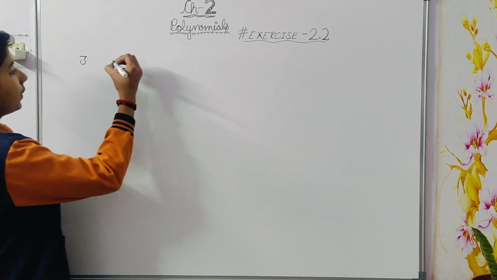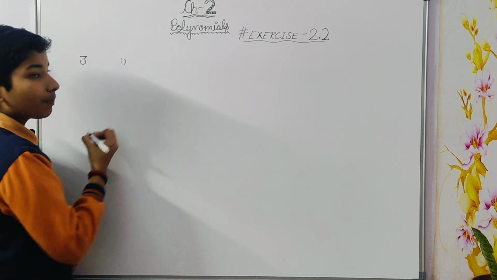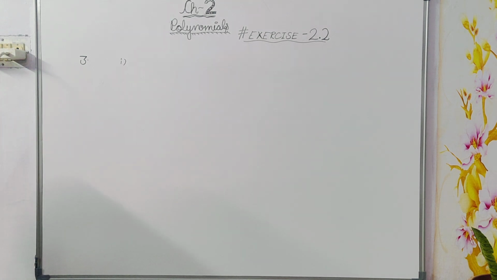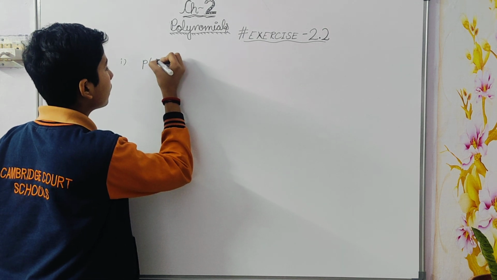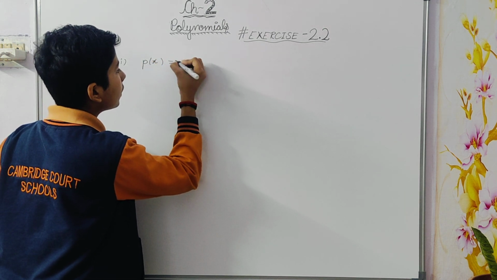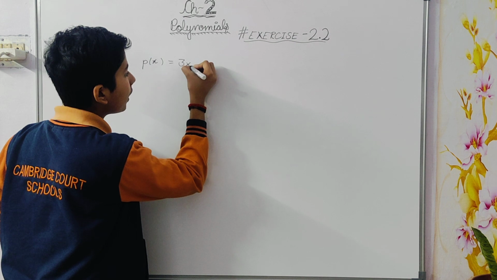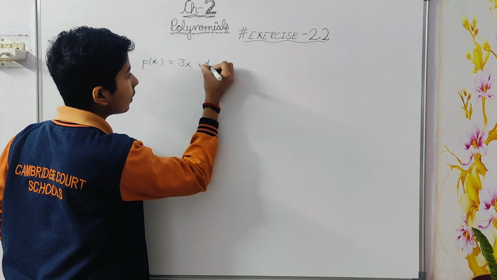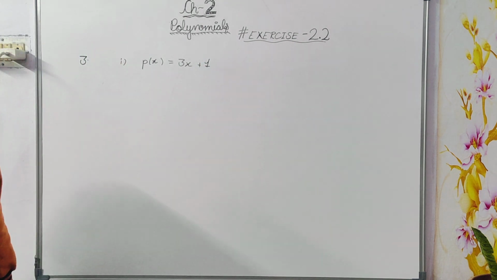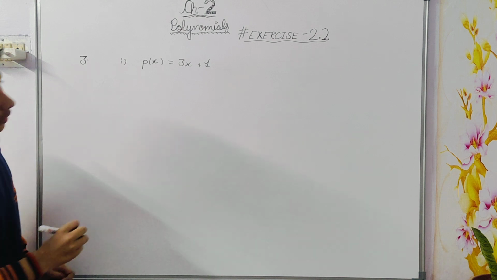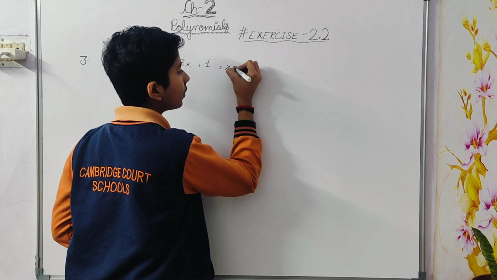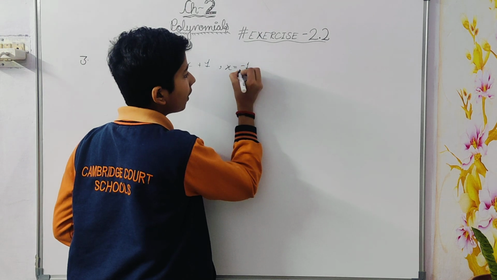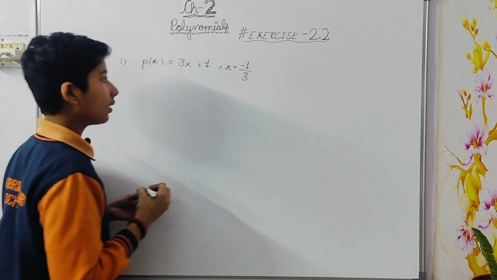So part number 1: p(x) equals 3x plus 1, and x equals minus 1 divided by 3.